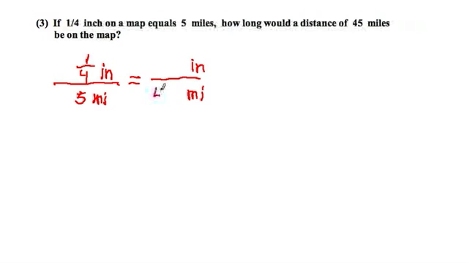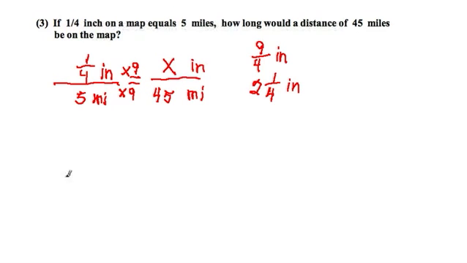And we know the miles and want the inches. So if the numbers are easy to work with, you can do them as equivalent fractions. So 9 times the miles is 9 times the inches, or 9/4 inches, which is 2 1/4 inches.